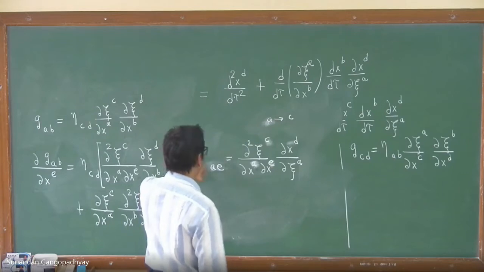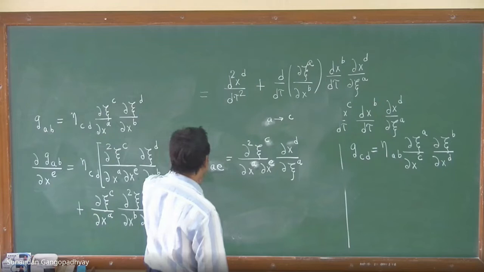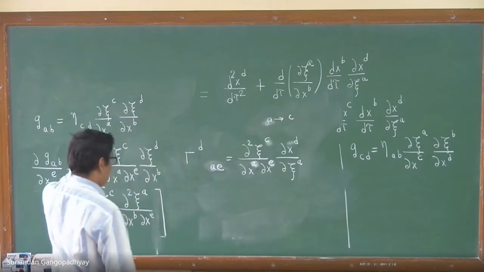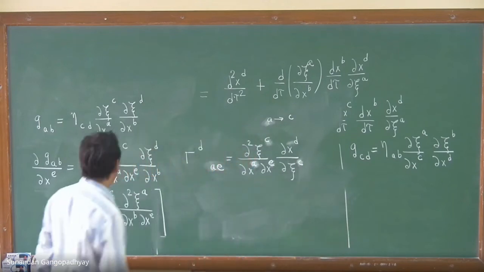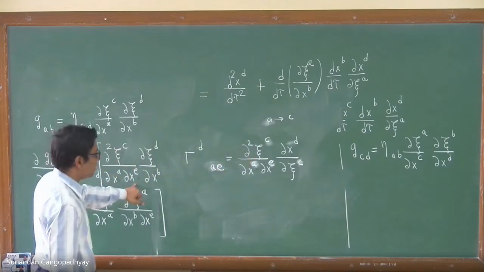Okay. This should be c, right? So del squared psi^c over del x^a del x^e.